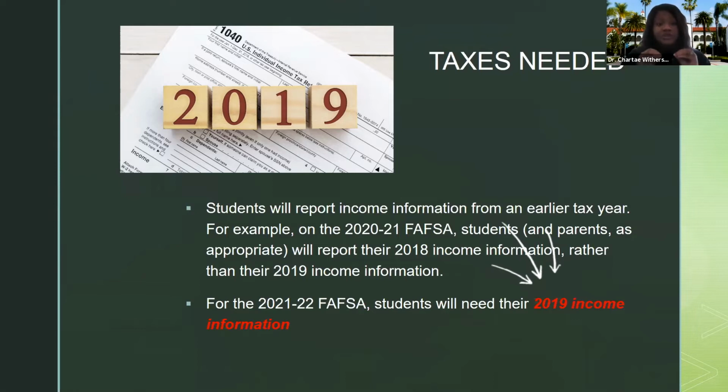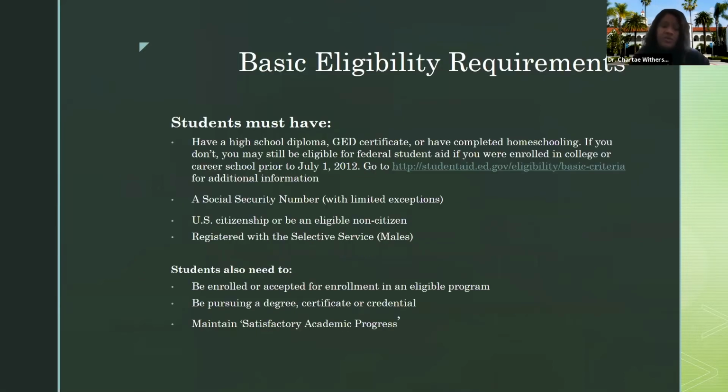Again, you will need your 2019 income information. So again, just to reiterate, it's going to be from the tax year from the earlier year. So make sure you have the tax information handy so that way you can put that income information onto your FAFSA.